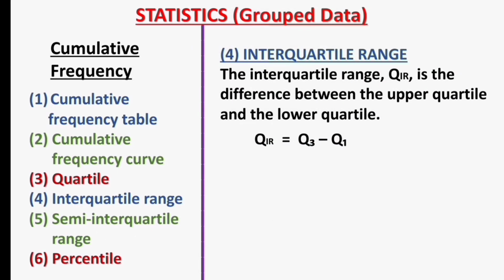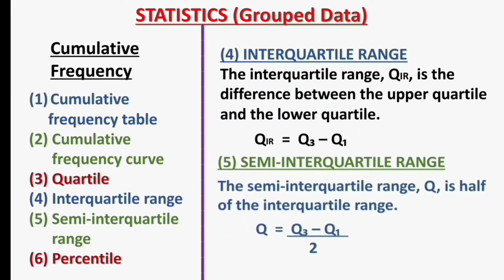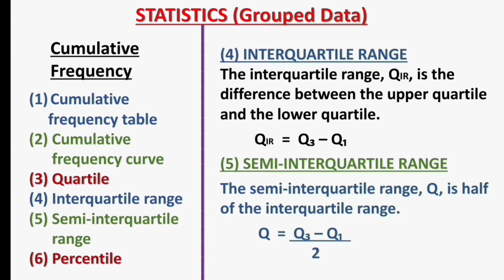Number 4, interquartile range. The interquartile range, QIR, is the difference between the upper quartile and the lower quartile. That means QIR is equal to Q3 minus Q1, representing the upper quartile minus the lower quartile. Number 5, semi-interquartile range.